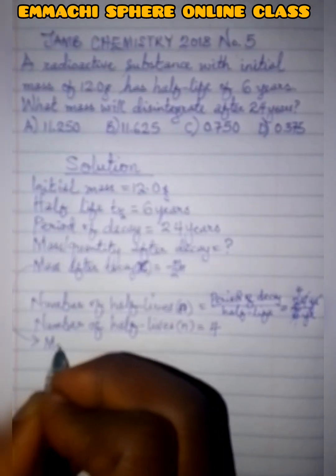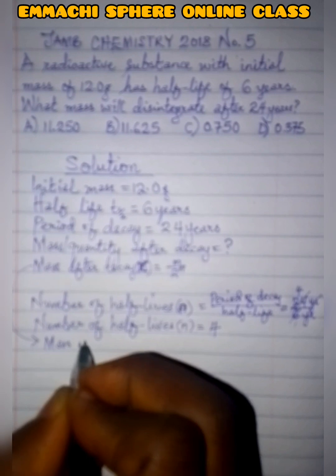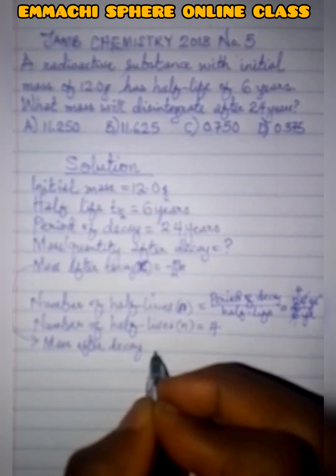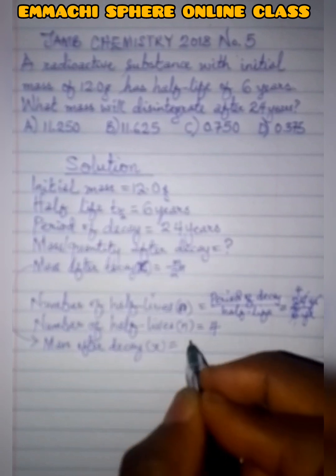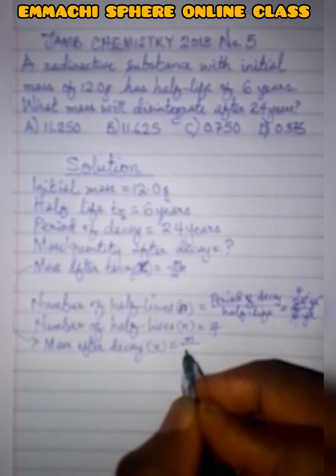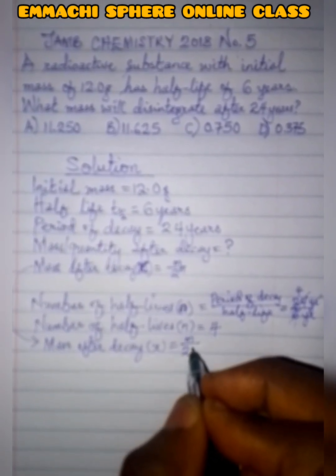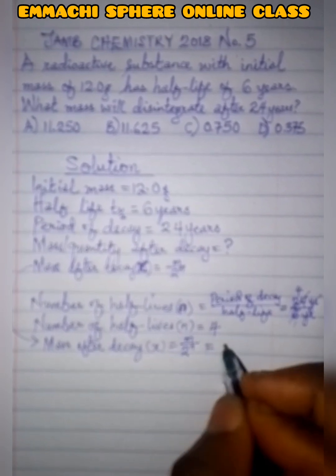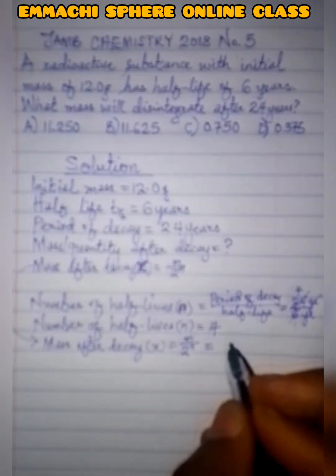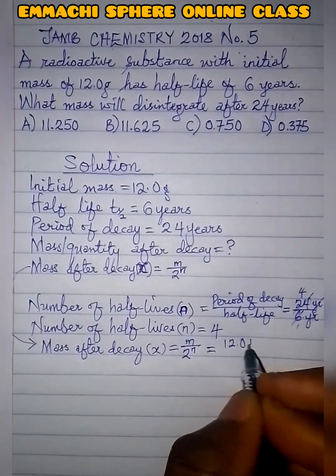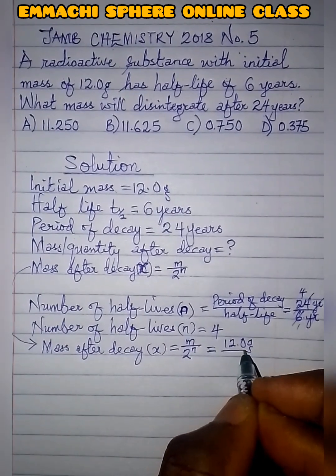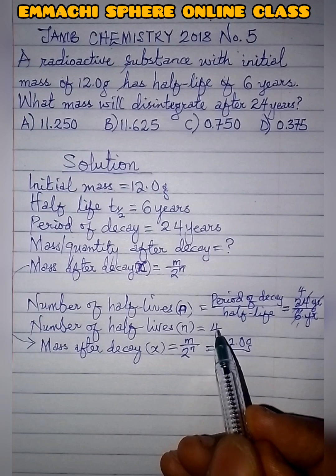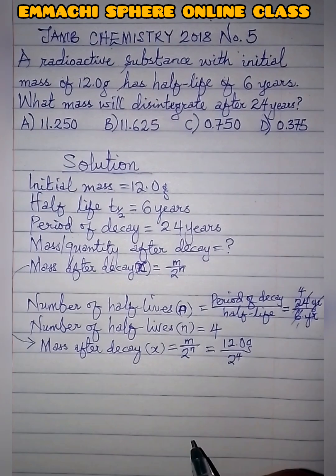Now, we employ this formula, which is mass after decay is equal to the initial mass all over 2 to the power of the number of half-lives. Now, what is the initial mass? The initial mass, if you look at it, is 12.0 gram all over 2 to the power of the number of half-lives, 4 half-lives.